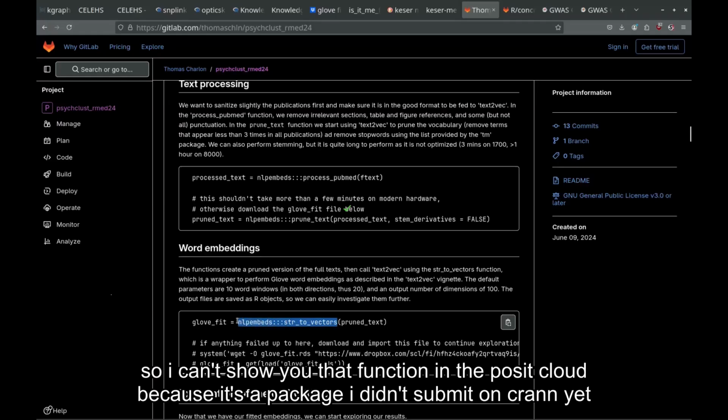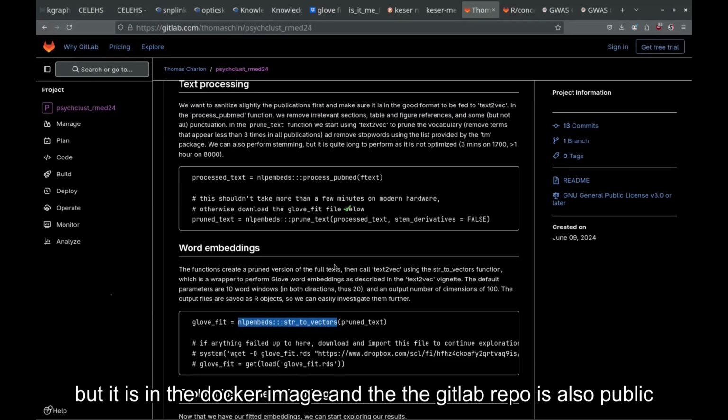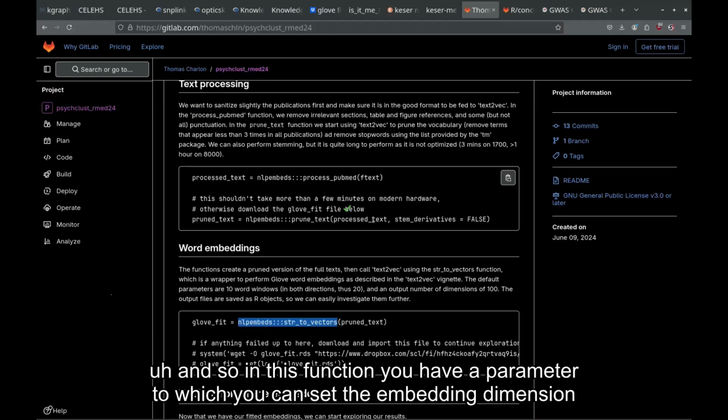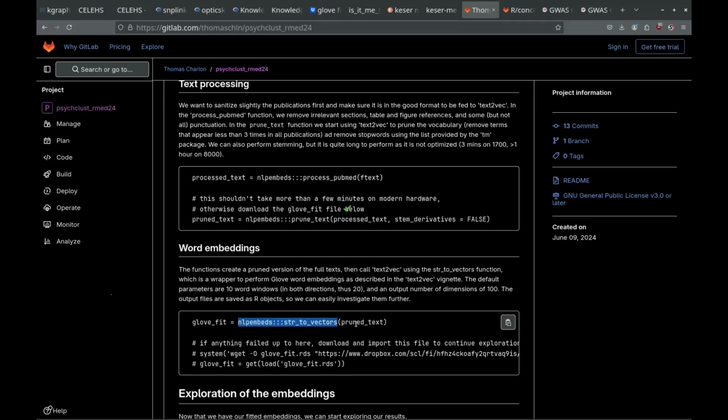I can't show you that function in the POSIT cloud because it's a package I didn't submit on CRAN yet, but it is in the Docker image, and the GitLab repo is also public. And in this function, you have a parameter to which you can set the embedding dimension.